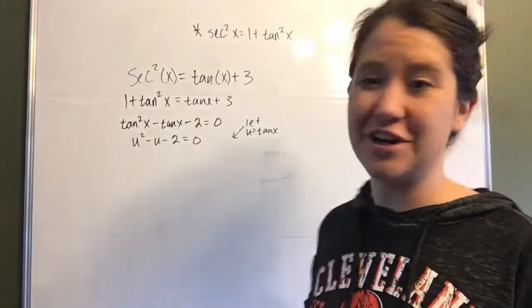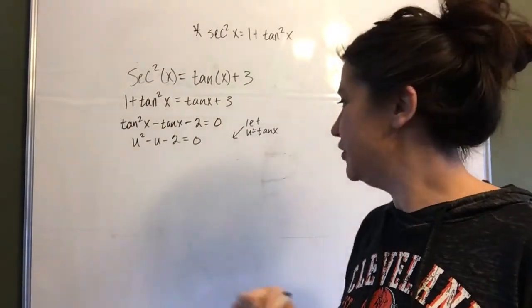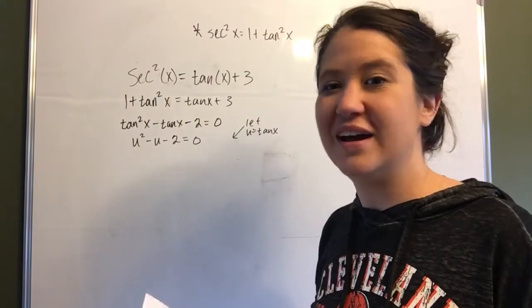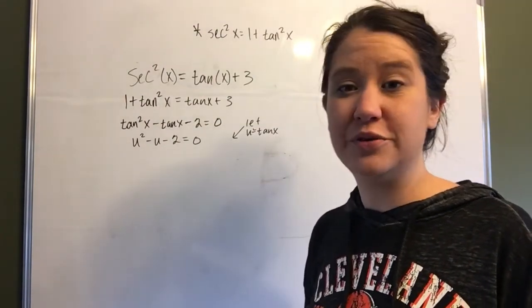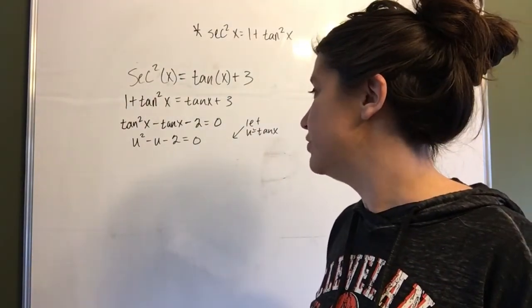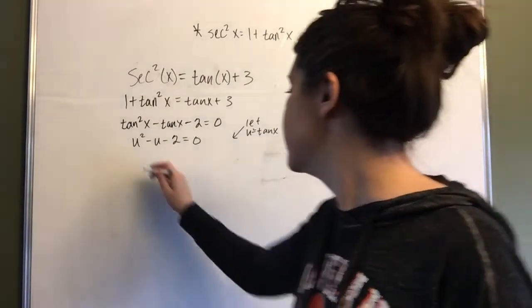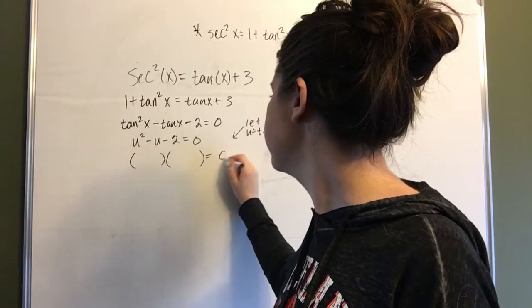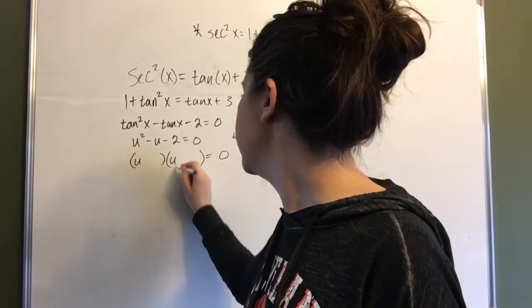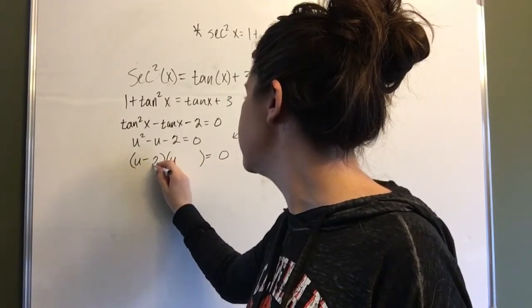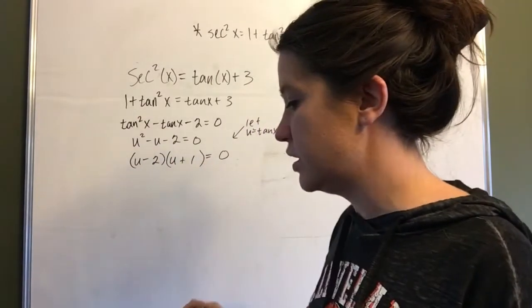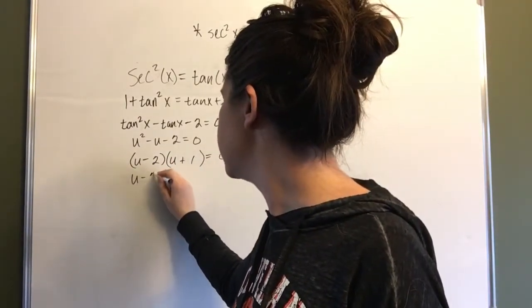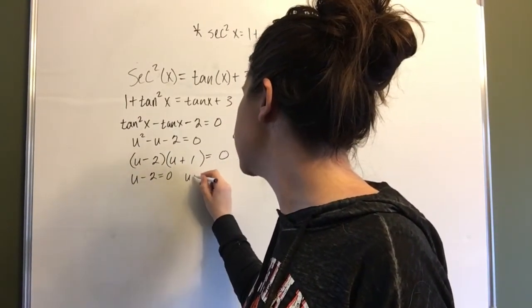And that's a quadratic equation, right? We all know how to solve quadratic equations, I hope. You can use your quadratic formula if you want, or you can factor it if it factors. This one does factor, so I'm going to go ahead and do it that way. All right, it factors into u minus 2, u plus 1, and we're going to set these equal to 0 separately.